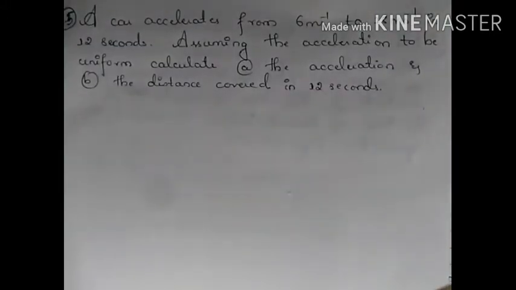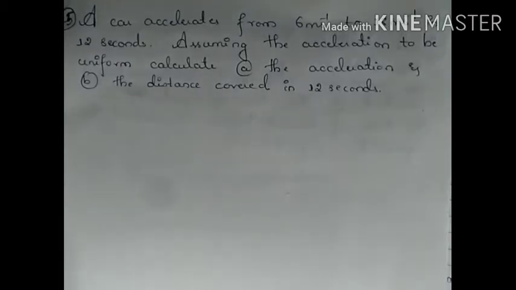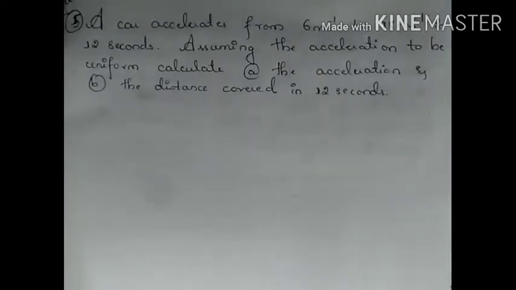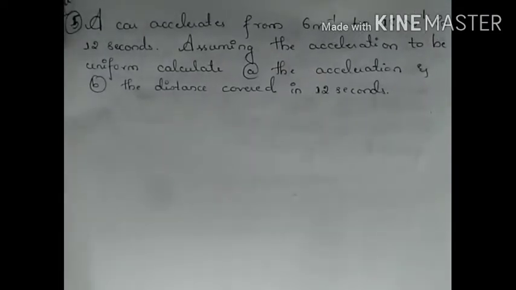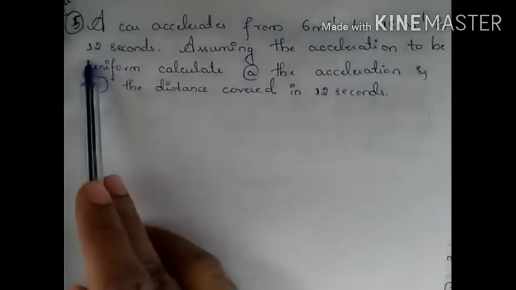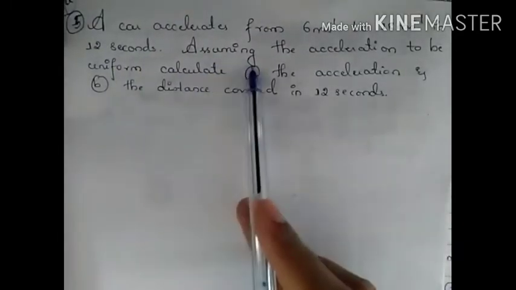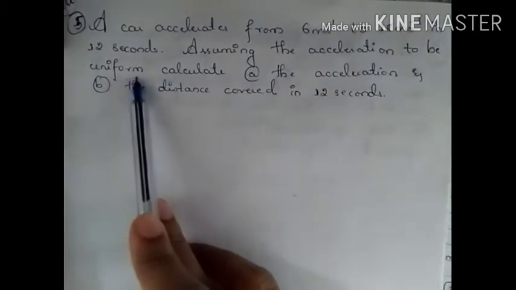So here is another question. A particle accelerates from 6 meters per second to 18 meters per second in 12 seconds. So the body is getting accelerated from 6 meters per second to 18 meters per second in a time interval 12 seconds, assuming the acceleration to be uniform.